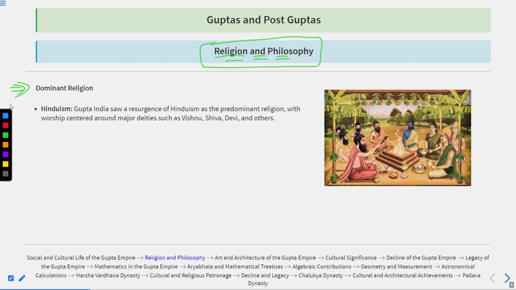After the Shunga dynasty, the Kanva dynasty came, right? The Kanvas were also followers of Hinduism and continued with it. Then the Satavahana dynasty destroyed the Kanva dynasty. The Satavahanas mainly followed or supported Hinduism, but apart from Hinduism, they also made way for Buddhism and Jainism in their respective areas.